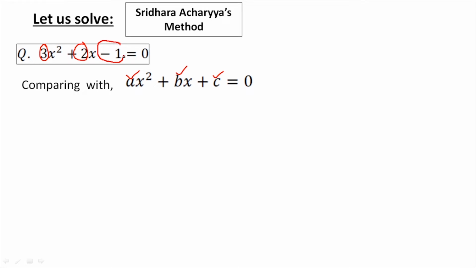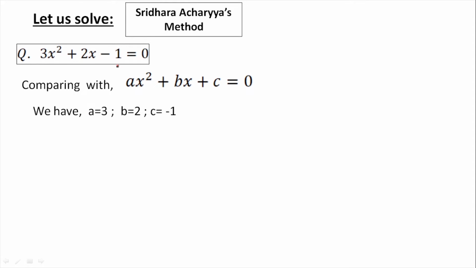Always be careful with the negative sign also. The sign is very, very important here. So we have a equals 3, b equals 2, and c equals minus 1. This is what we do at the beginning of this process.